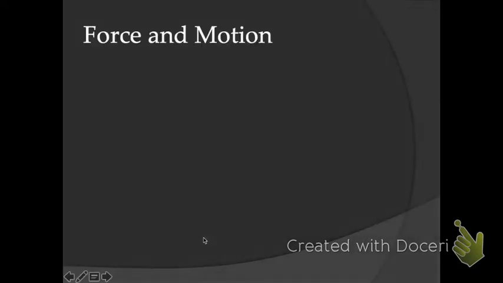So does anyone have a basic definition of what a force is? Force is always given with a capital F, and then we label our forces within that. But do you know what the general definition is for a force? A force really is defined by any sort of push or pull on an object.